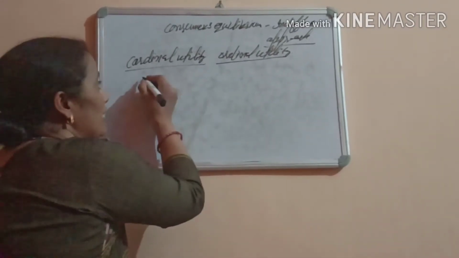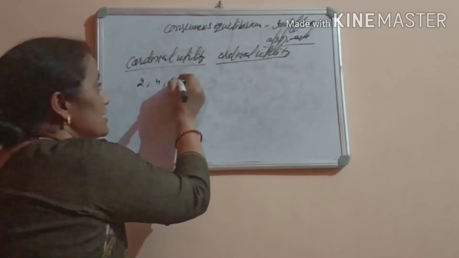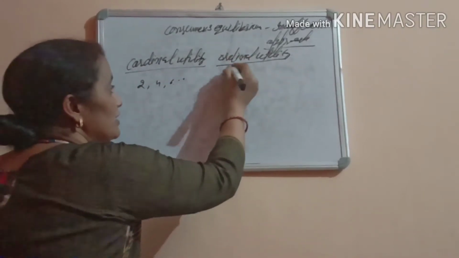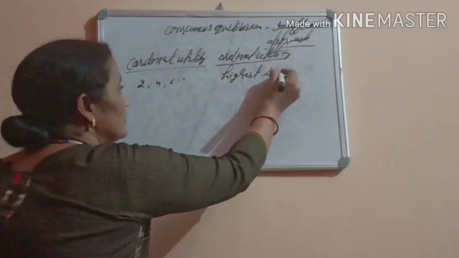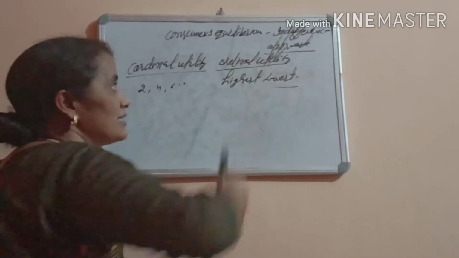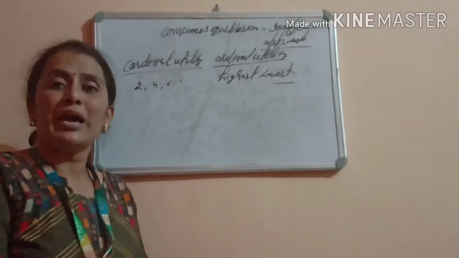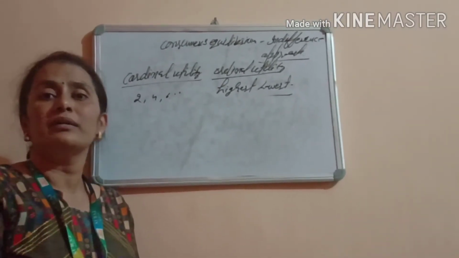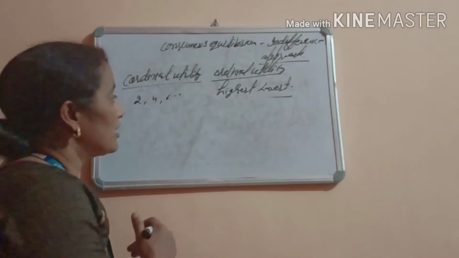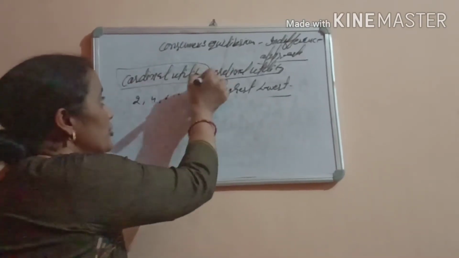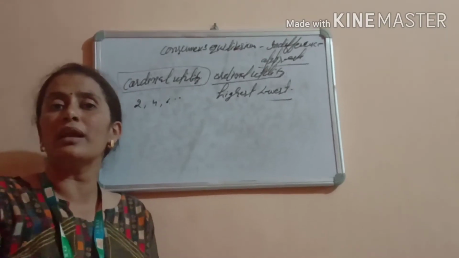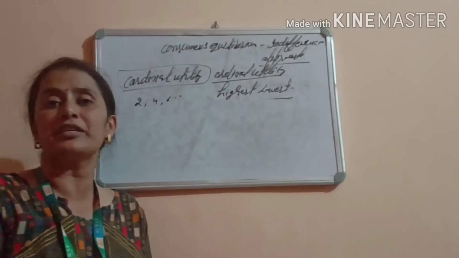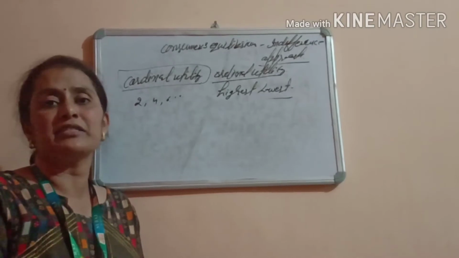Just for example 2, 4, 6, 8, and in this highest, lowest, increase and decrease, these measure the quality of the items. It means the cardinal utility is related to the utility approach and the ordinal utility is related to the indifference approach.